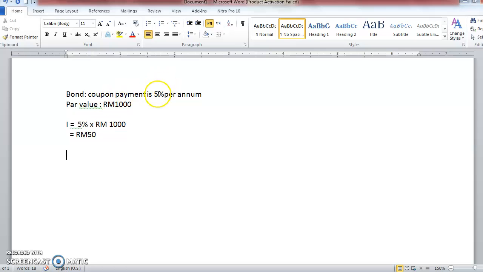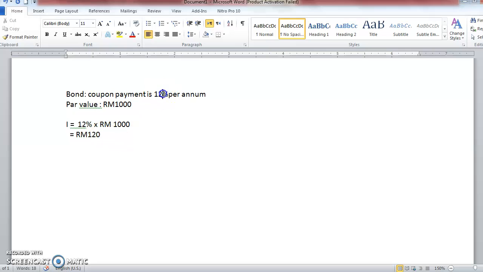If I tell you the coupon payment is 8%, how much will be over here? 8% times RM 1000, of course RM 80, right? Let's say I change this one again, 12% per annum, so 12% times 1000, RM 120, right?